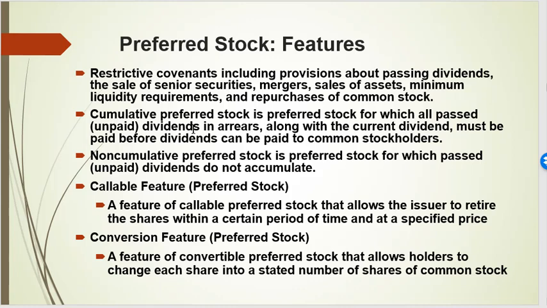And if it's cumulative preferred, the rule basically says that all dividends have to be paid to preferred shareholders before common shareholders, including any dividends that have been missed. Now, if you have non-cumulative preferred, basically you're just entitled to whatever that preferred stock dividend is in that period. You cannot recover dividends that have been missed.